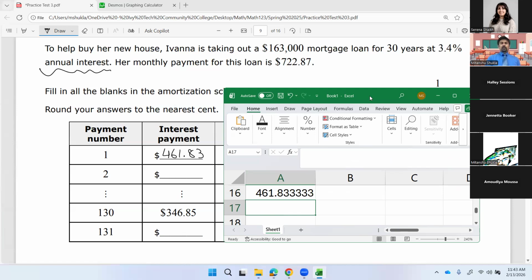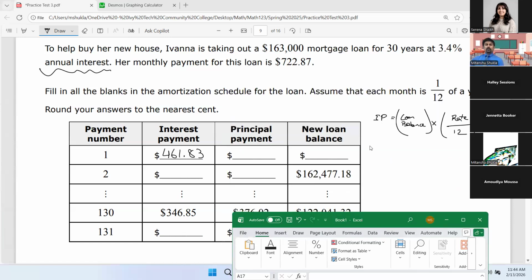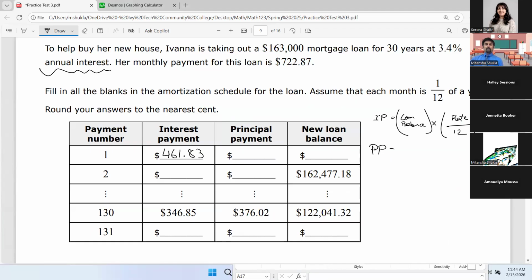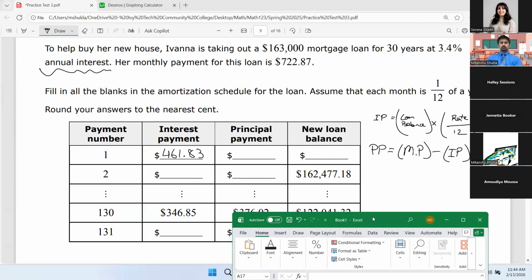Now they want our principal payment. Well, if I want my principal payment, this is always going to be my monthly payment minus my interest payment. So let's do that. What is my monthly payment?